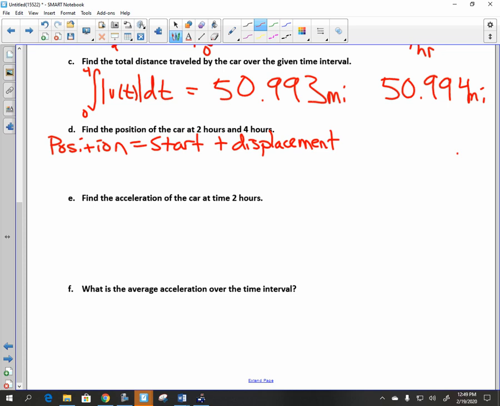So I want to do 2 hours and 4 hours. I'm going to find the position at 2 hours. So I take the start. What's the start? Where's our starting location? Our starting location is 10, and we're going to add that to, how do we determine displacement?